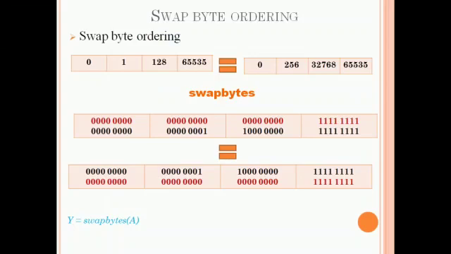Last bitwise operator is swap byte ordering. This is required where you want to change from little endian to big endian or vice versa. So in short, we can say the swapbytes function swaps the byte ordering of each element in input array from little endian to big endian or vice versa. All elements of the input array must be full, non-complex, and numeric. You can see here, I have highlighted bytes in black and red colors to see it clearly.